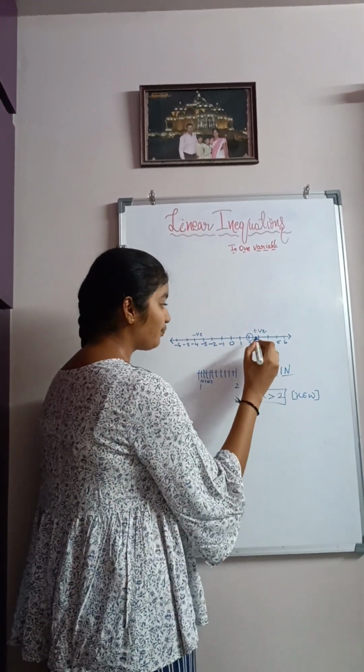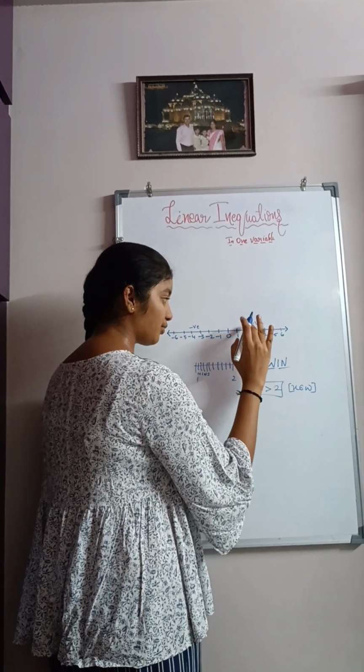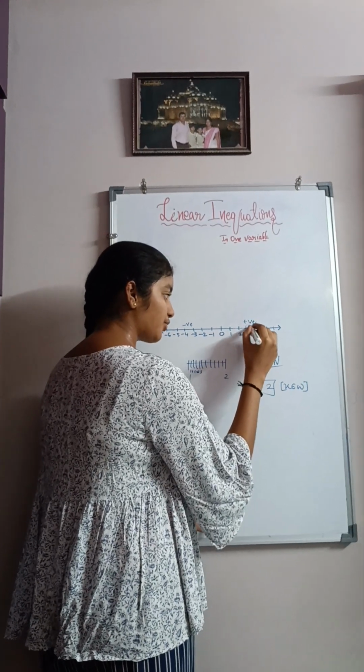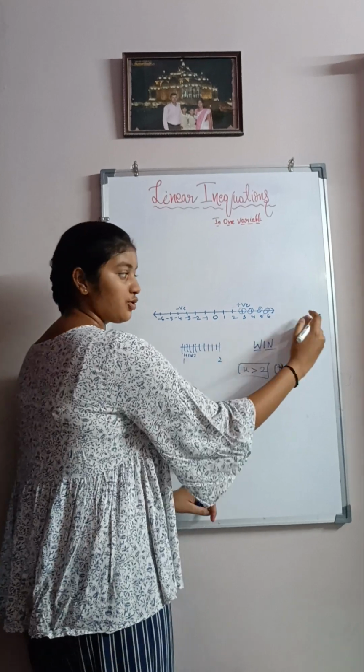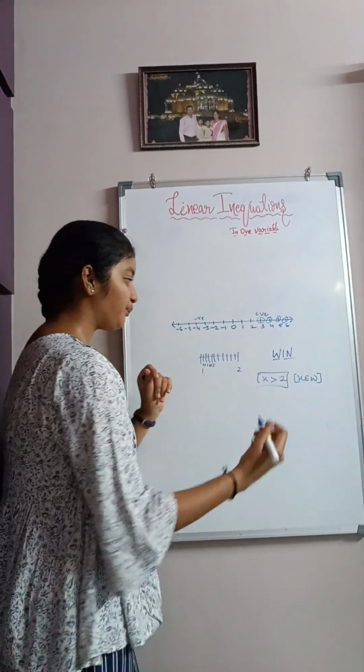Greater than 2 means the numbers greater than 2. So what will be the rounded numbers? 3, 4, 5 and 6. This arrow represents 'and so on', so we need not round the numbers till infinity.